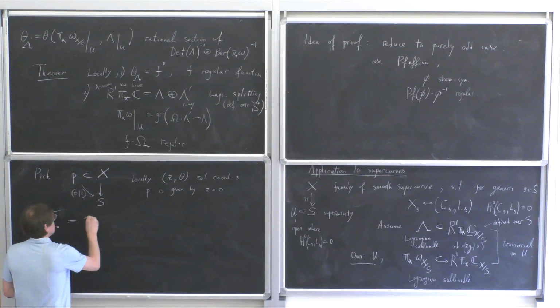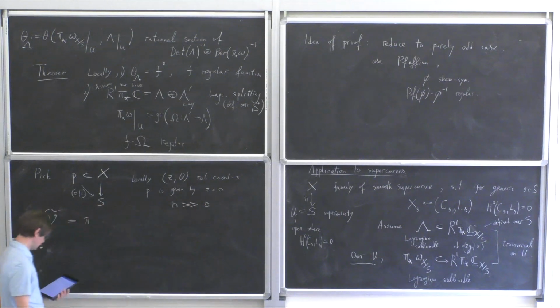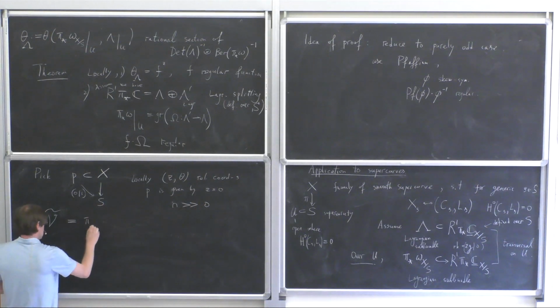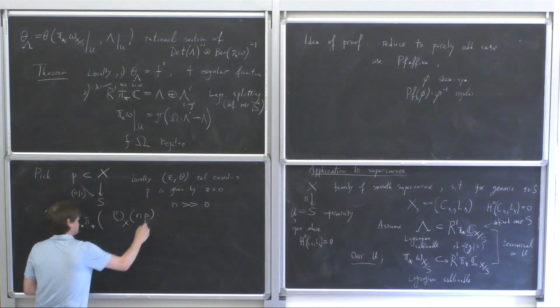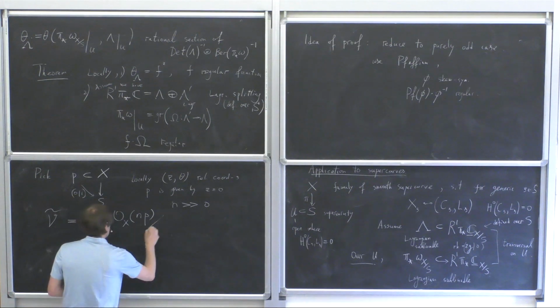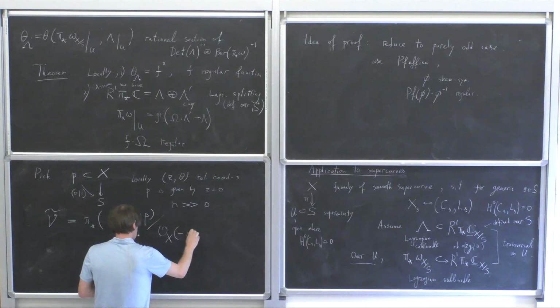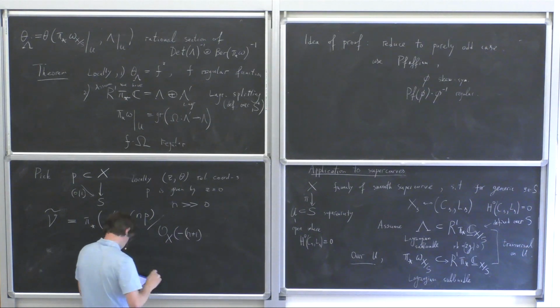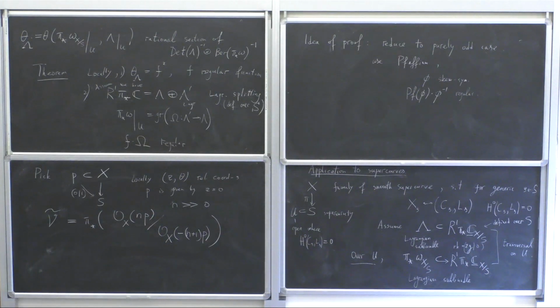So I'll pick some n very, very large, and I consider functions with pole of order n along the divisor P, mod out by functions which vanish to a big order, but actually it's enough to just go to n plus 1. So functions which vanish up to order n plus 1.